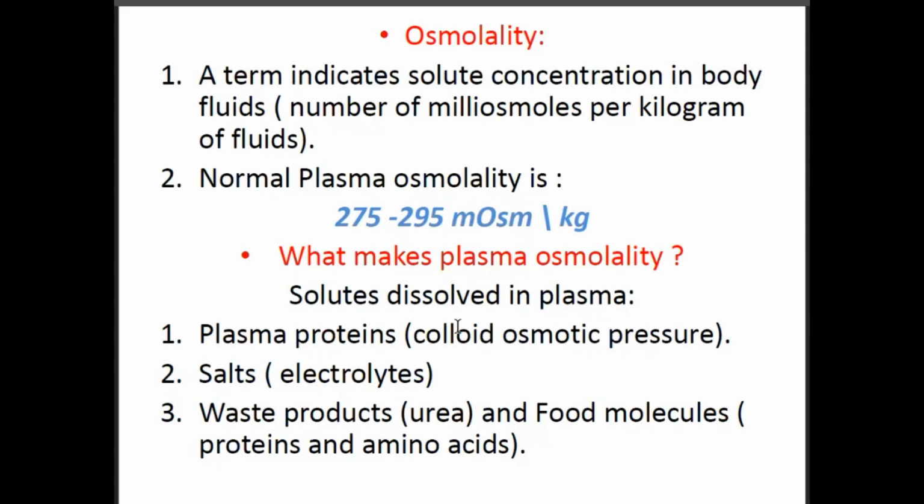So most of the time, the plasma proteins are the main colloid osmotic pressure because they withdraw and keep water. That's why when you have low protein, you are at risk of developing dehydration because there are no proteins that can keep water inside the blood vessels.